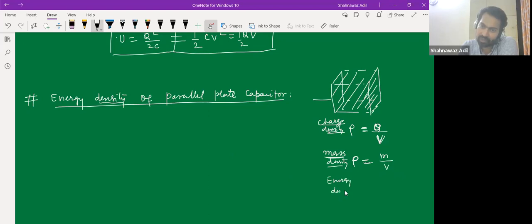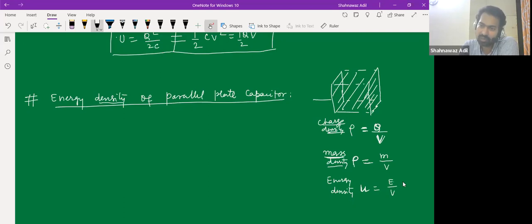So if I say energy density, let's say this is small u. What would that be? Energy by volume, right?